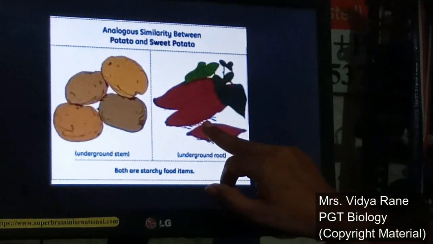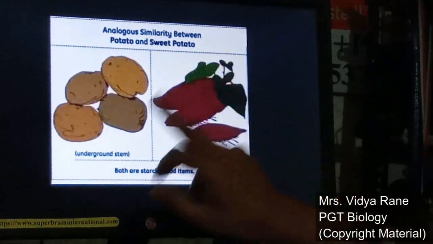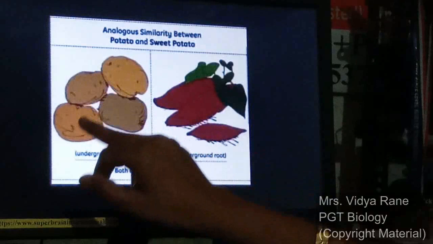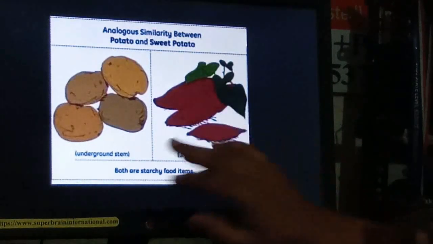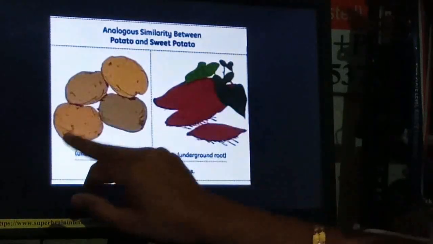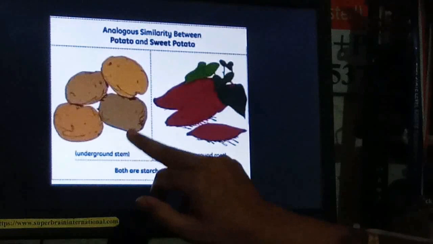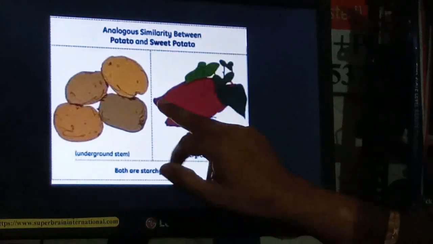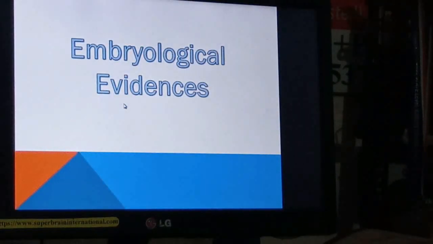And if you see the sweet potato, it is a root modification. Structurally, this is a stem of a plant and this is a root of a plant, so they have different structures, but their function is the same: storage of food. That's why these two are again examples of analogous structures.